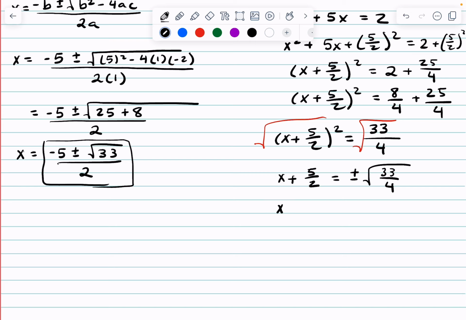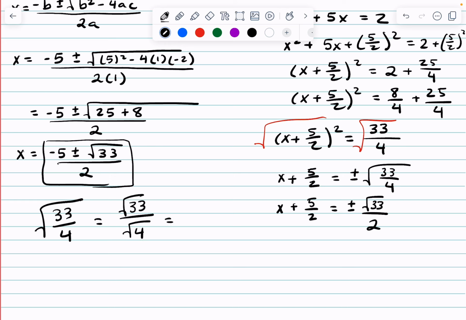So what I mean by that is just the square root of 33 over 4 is equal to the square root of 33 over the square root of 4. But the square root of 4 is 2. So that's why I can rewrite it as the square root of 33 divided by 2.